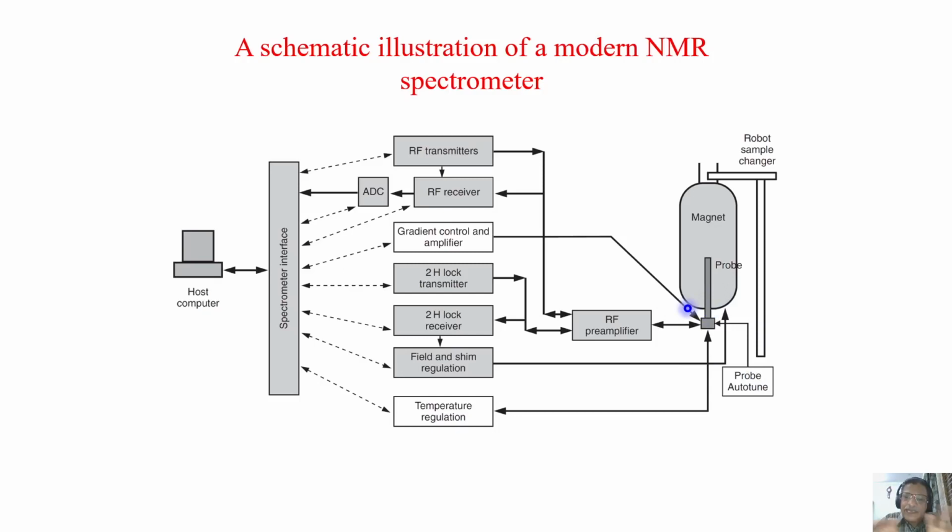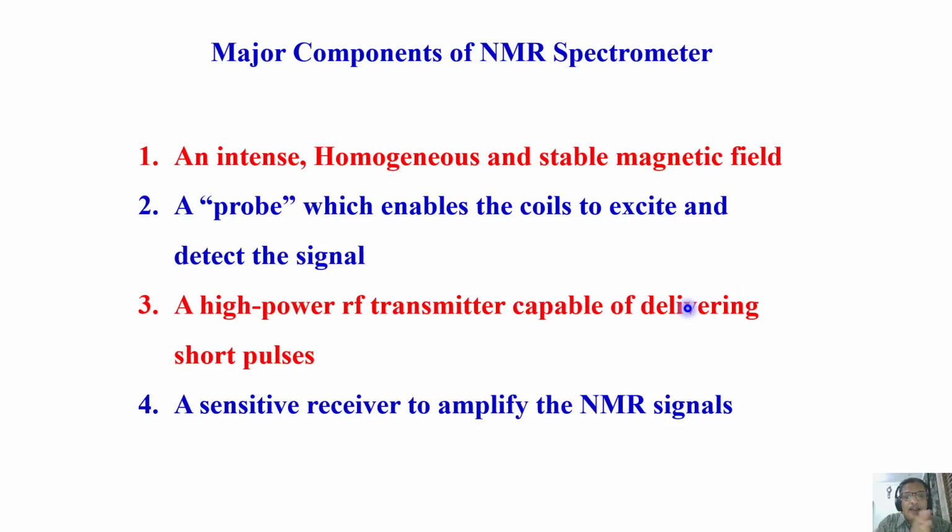So this is basically a block diagram of an NMR spectrometer. And just to give you a brief description of the components, it requires an intense, homogeneous, and stable magnetic field. Remember 3 words: intense, that is a very strong, very high magnetic field; homogeneous, over a sample volume of about 3-4 centimeters, in which you have put the sample and where the receiver coil is.